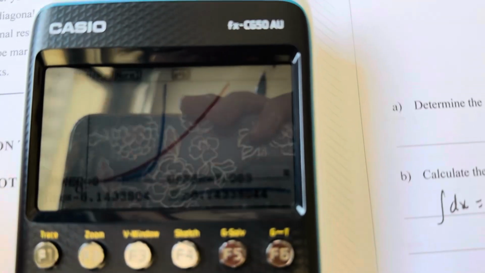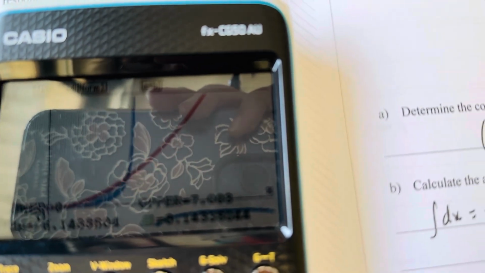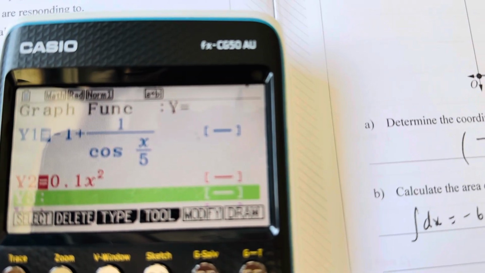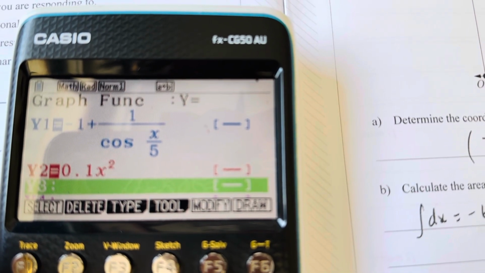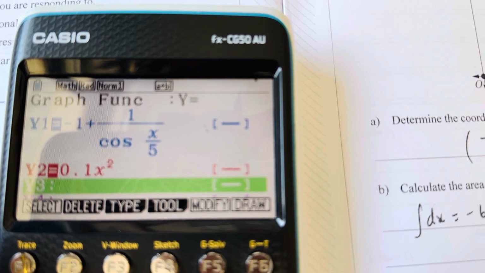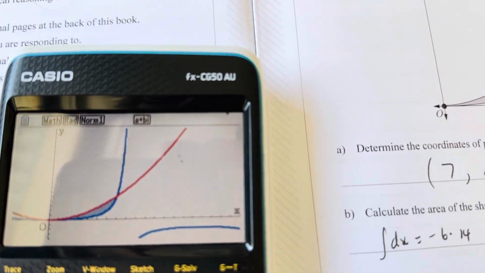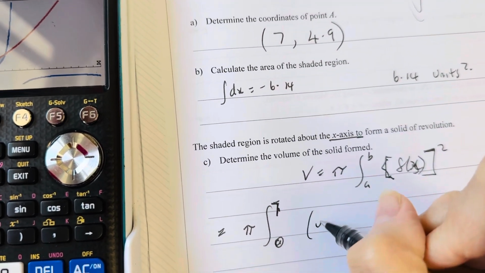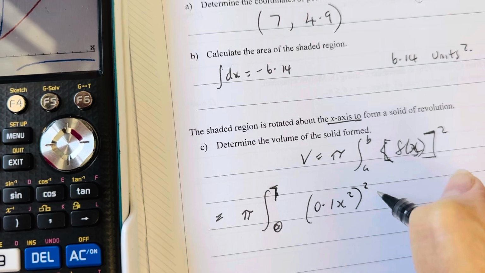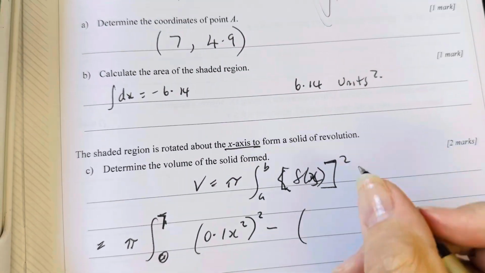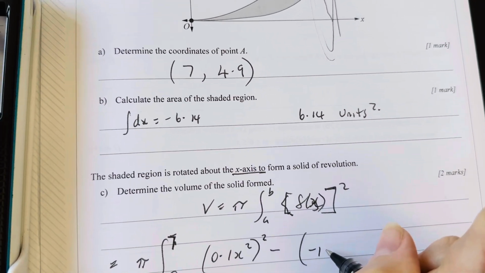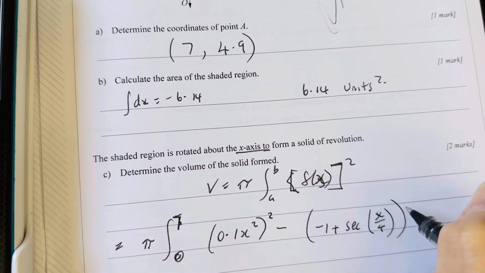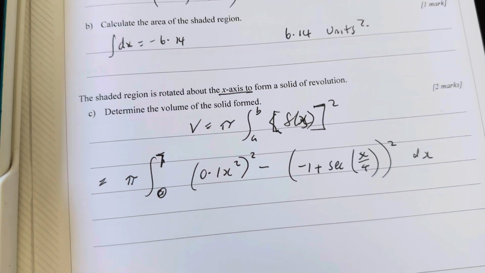If you look at it on the graph here, the red take away the blue. So exit out, the red is the 0.1x squared. So if you're unsure which is which, we can see when we draw it, the red take the blue. So I'm going to have 0.1x squared take -1 plus sec x on 4 squared dx.